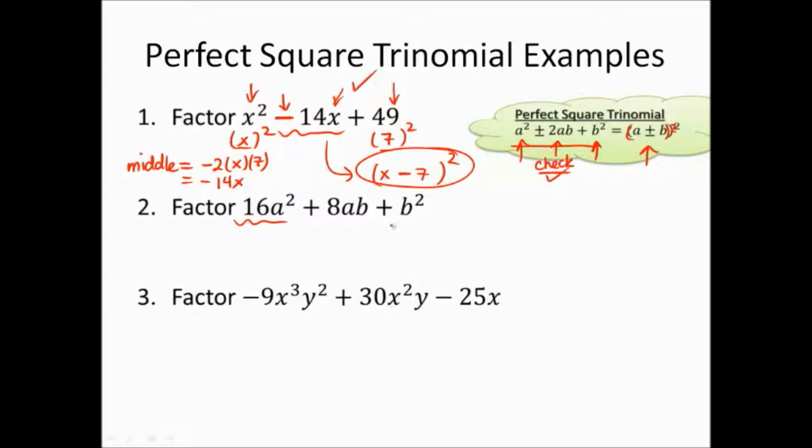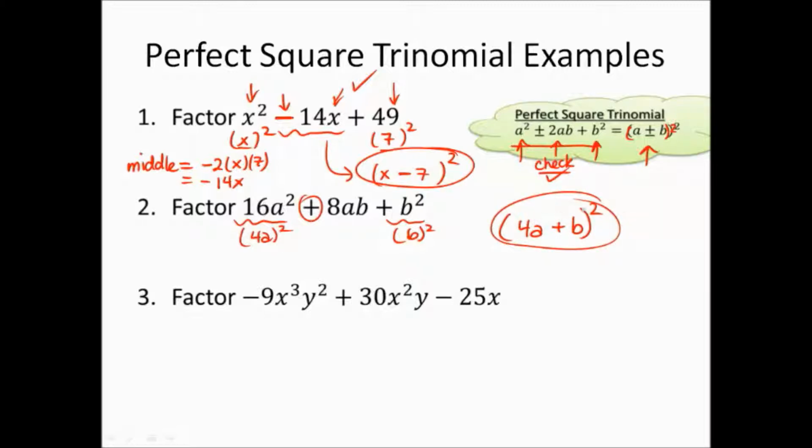This looks like we have a perfect square at the beginning and the end. So let's just look at those. That would be 4a squared, and this would be b squared. So it should give us 4a plus b, all squared. It should be this answer, but let's just check the middle term.